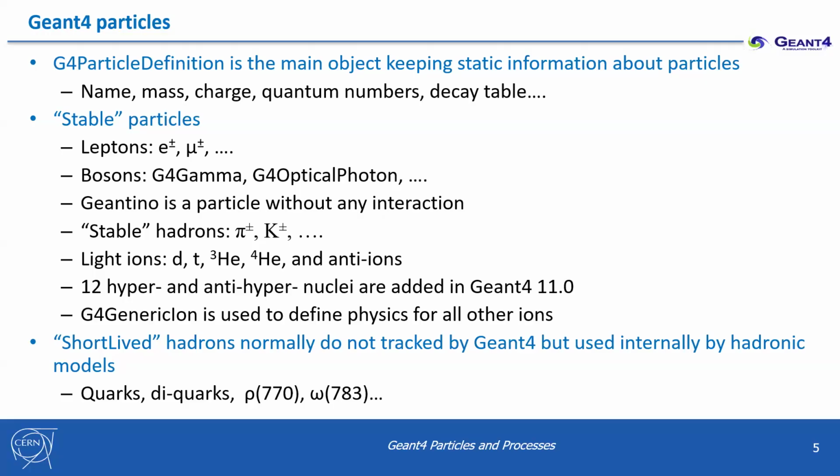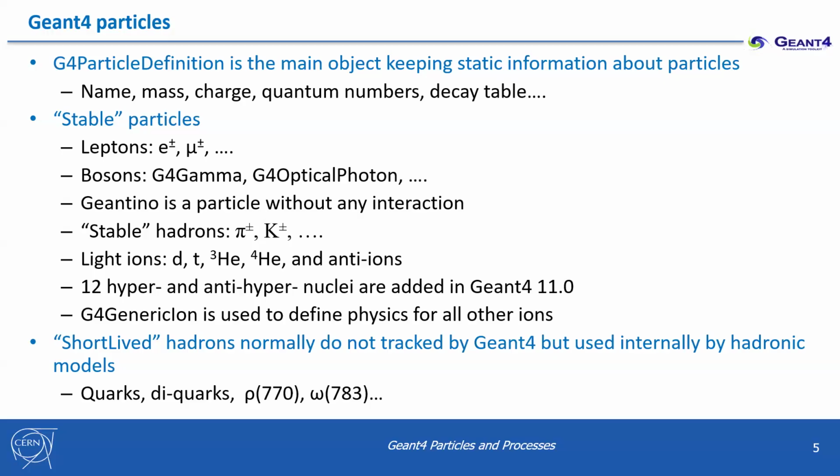We have also a fake particle, geantino. It is a particle without any interaction. It may be used for ray tracing and for some tests, but of course not for final simulation, when you want to have a physics result. There are so-called stable hadrons, pions, kaons, and others, which in reality are not stable.